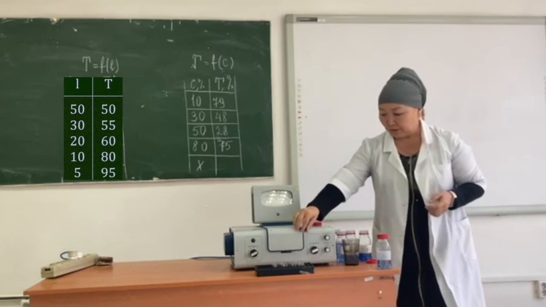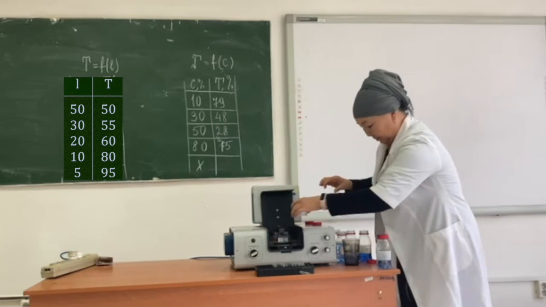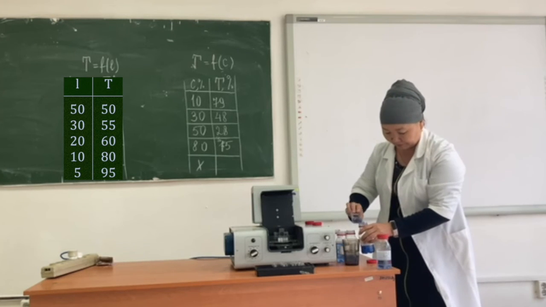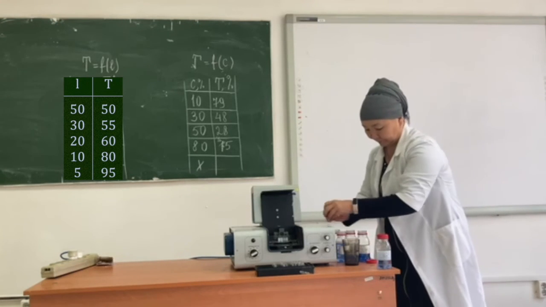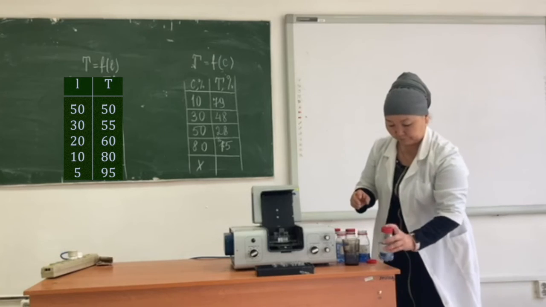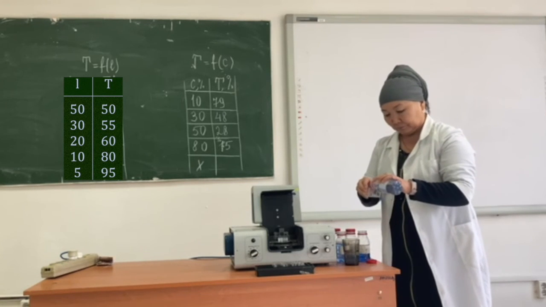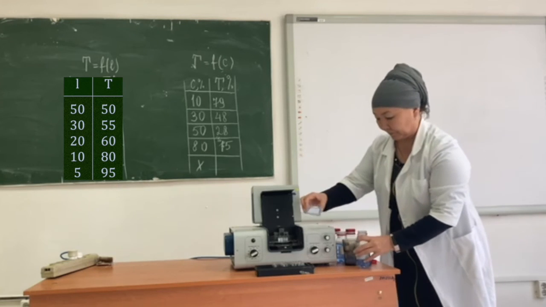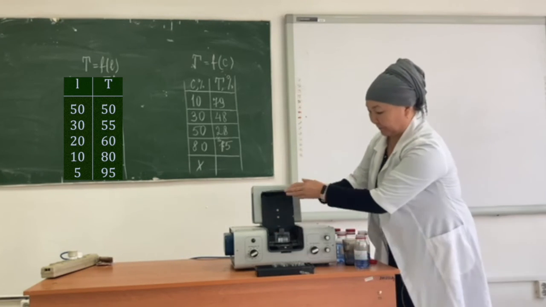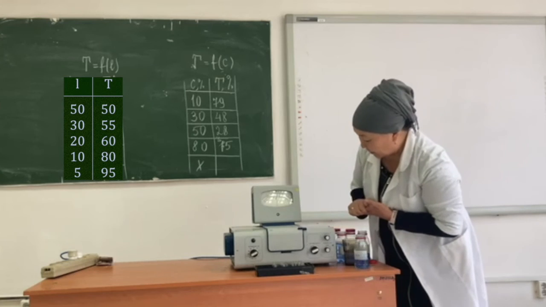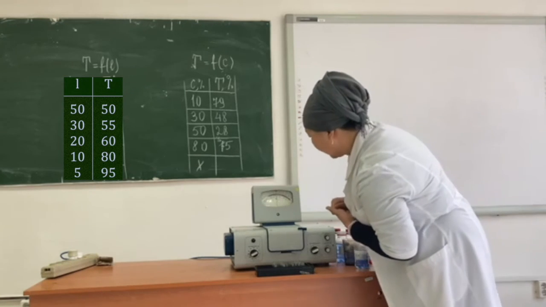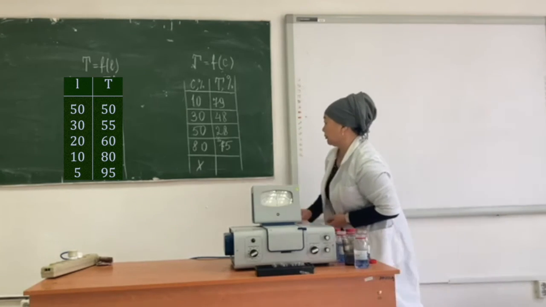And at the end, we will determine the transmittance of the unknown concentration, and it is equal to 52%.